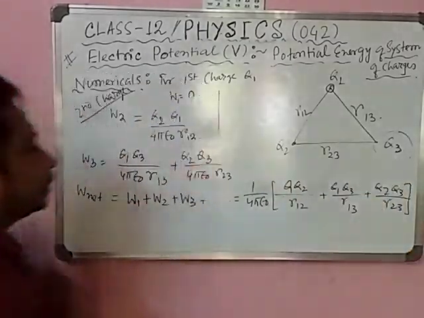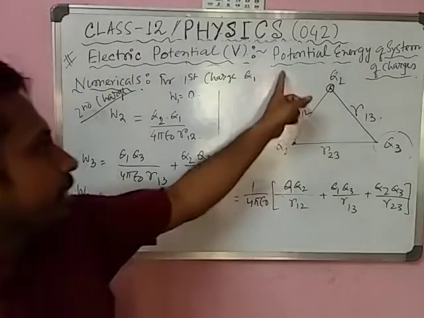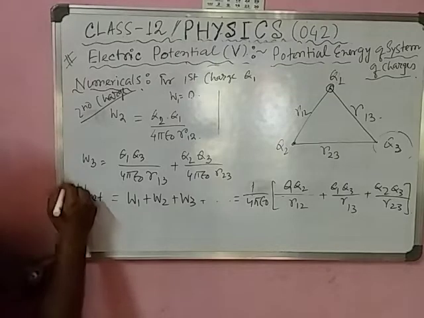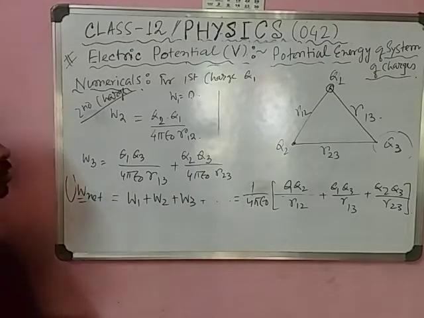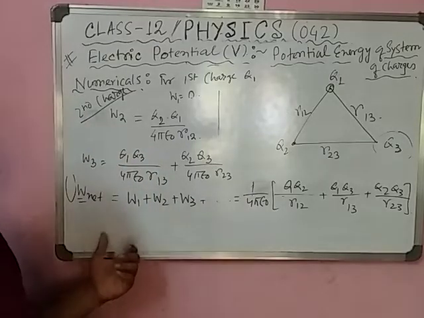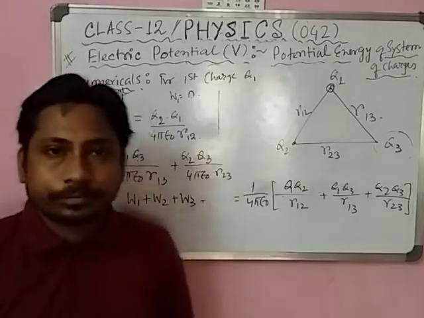That's all. So this is your potential energy. So you can write work done net, or better you can write U. U is equal to this. Okay. Students, please pause the video and write it down.